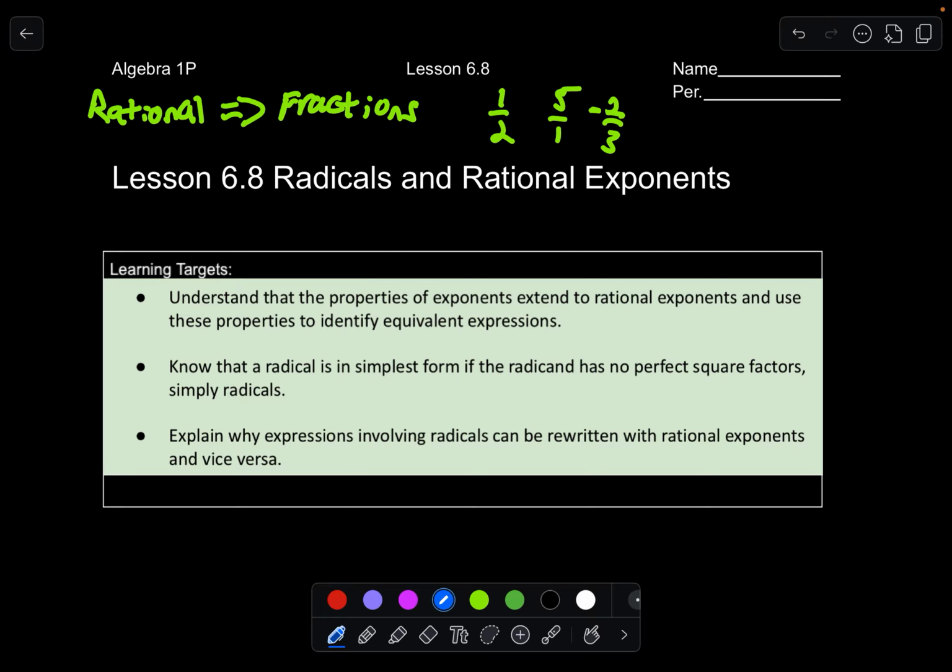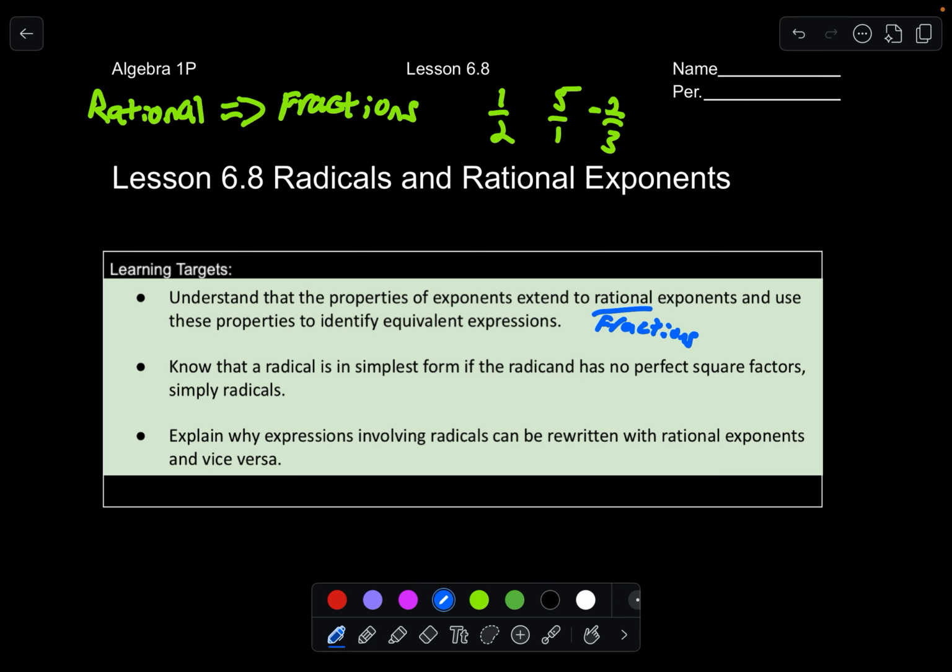All right, so the first learning target is to understand that the properties of exponents extend to rational exponents, rational, fractional, or fractions, and use their properties to identify equivalent expressions.